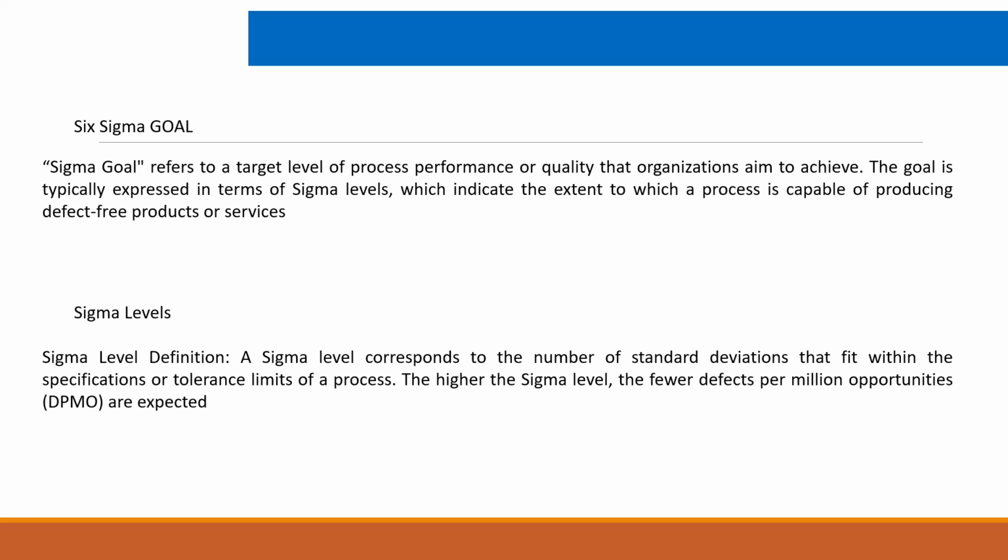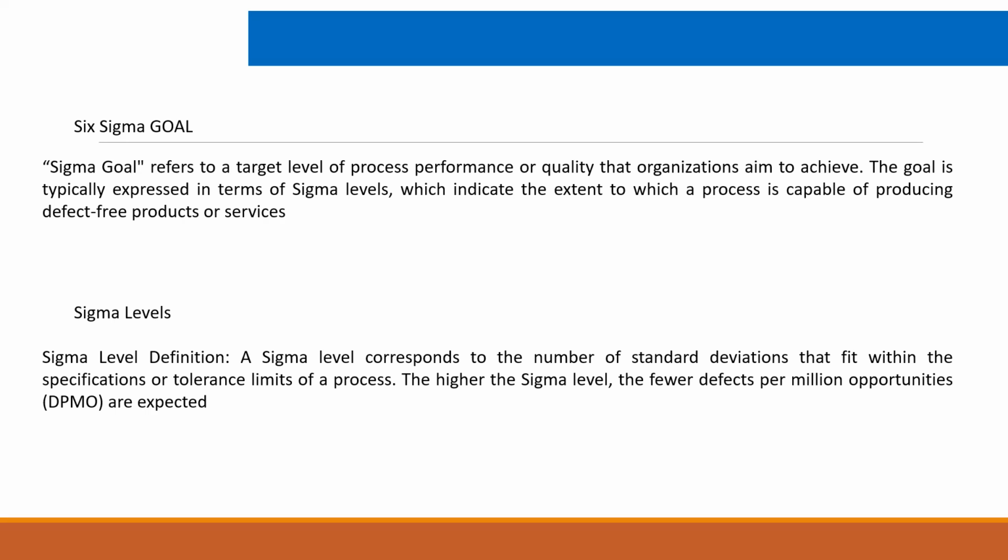Finding the defect, we reach 85%. That is our goal. The goal is typically expressed in terms of Six Sigma level. How, we'll discuss in tomorrow's session, how we do the Six Sigma level calculation, what is level 1 to 5, and which level we believe the service industry should be on and which level other industries should be on.